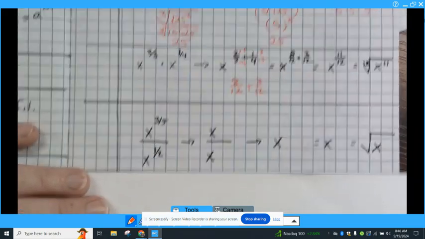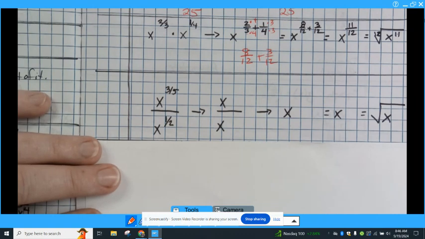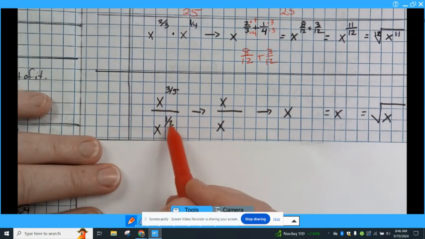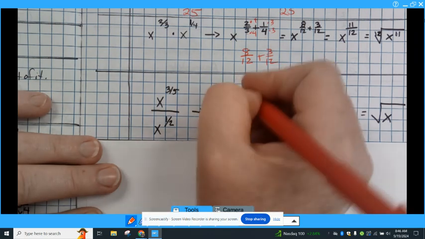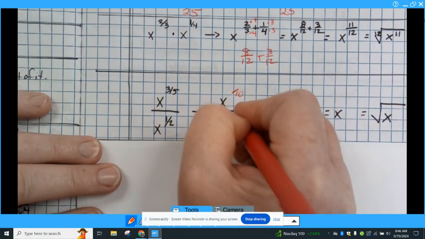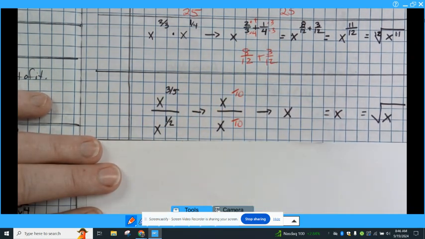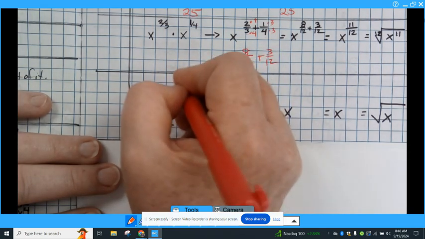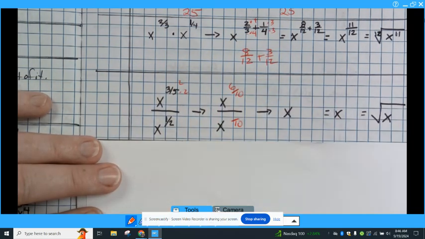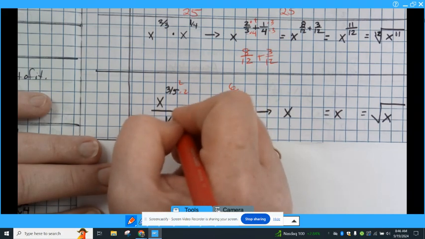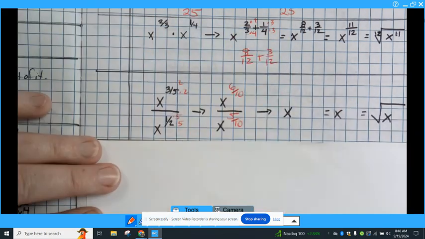So this one is the quotient rule. The quotient rule means we can subtract, but first I'm going to turn them into common denominators. 2 and 5, my denominator is going to be 10. So we multiply this times 2, so 6/10, times 5, 5/10.